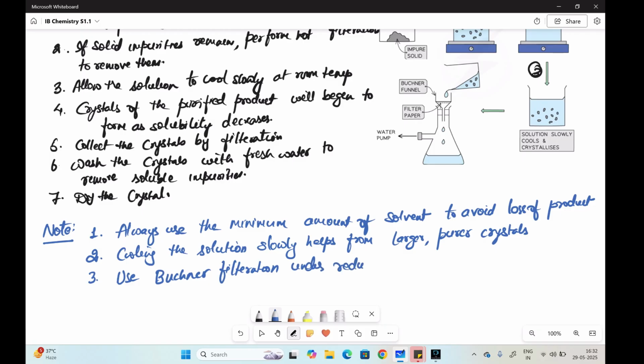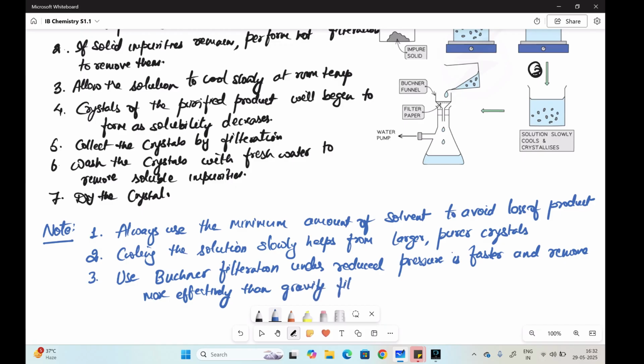Under reduced pressure it is faster and removes more effectively, right, than gravity filtration. So we should not keep the solution and wait, right? So this method separates based on differential solubility, right? We can use this method.